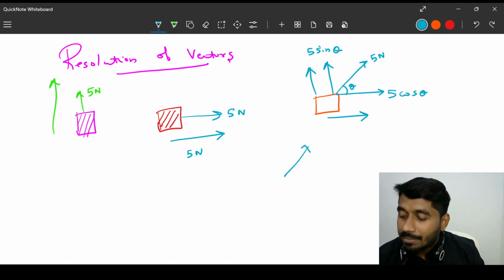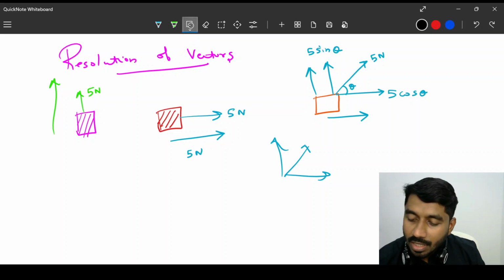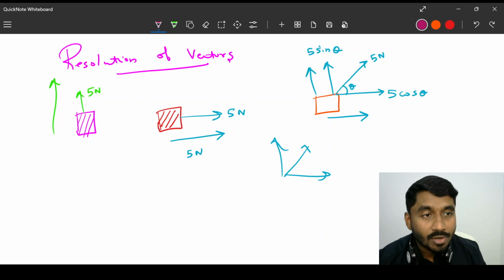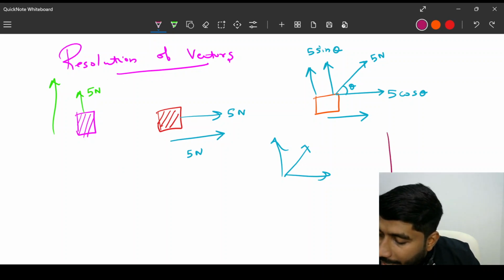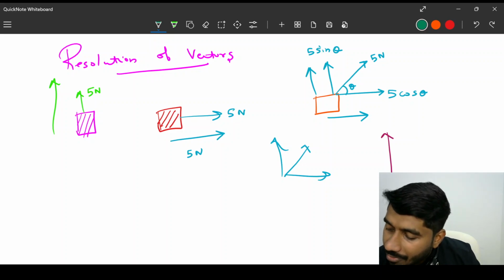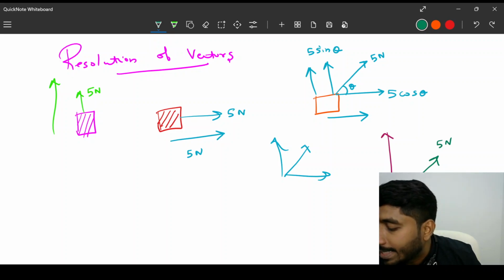Let's take an example. I am taking an xy axis here. One second, guys. Yes, I am considering an xy axis, and I am applying a force, for example a vector of 5 Newton at an angle of 30 degrees.